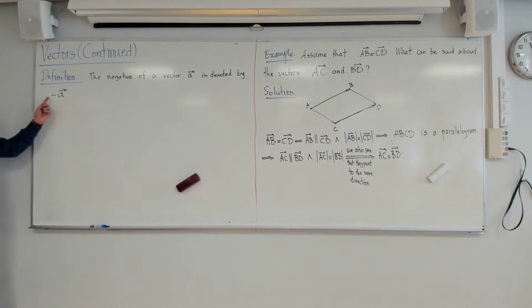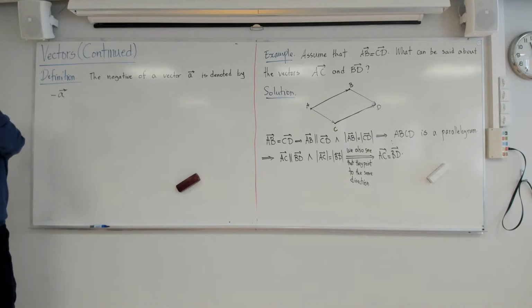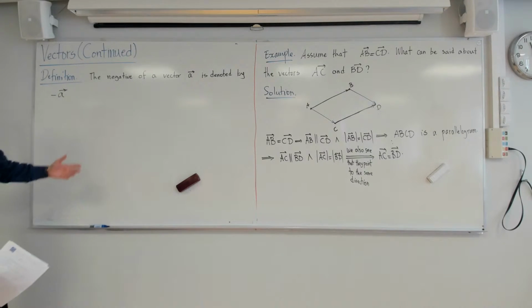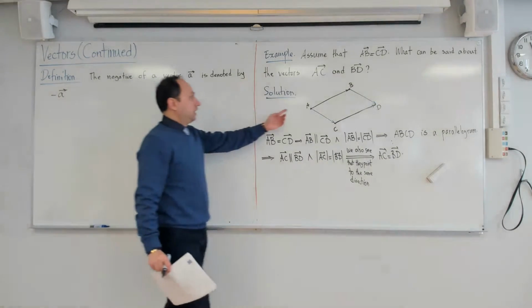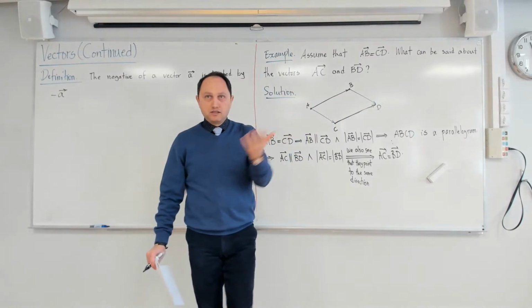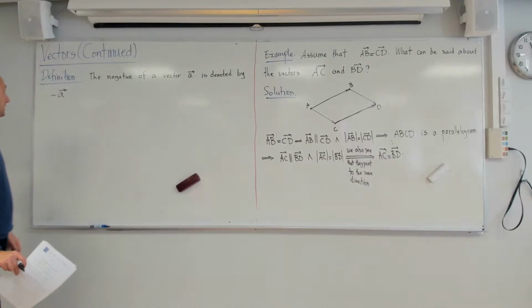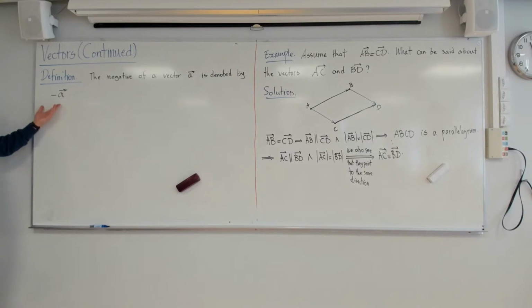Because you know the negative of a number. When I am talking about the negative of a figure or a shape, I need to define what I mean, yes? Usually if I give you a line and I ask you what is the negative of that line, this is meaningless unless I define it for you. But the symbol that we use is just the normal symbol for negative.